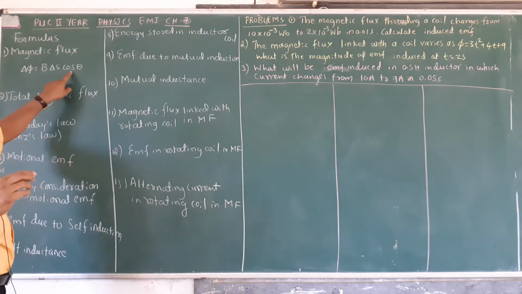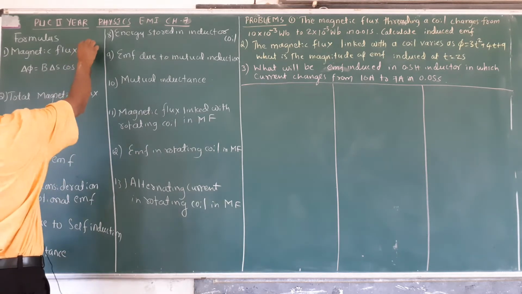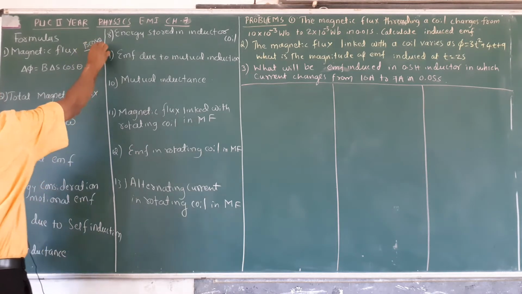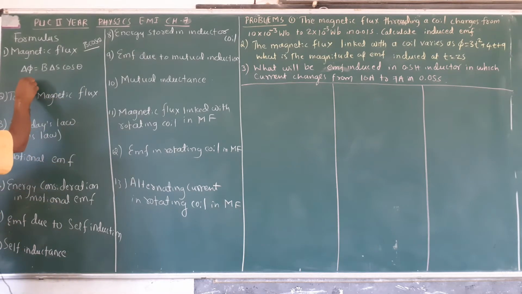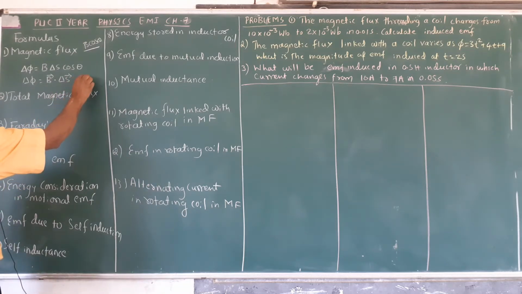Here B cos theta is the component of the magnetic field, and this is the small area. Theta is the angle between the line perpendicular to the area and the magnetic field. So delta phi is equal to vector B dot vector delta S. You write it like this. Now this is measured in weber.